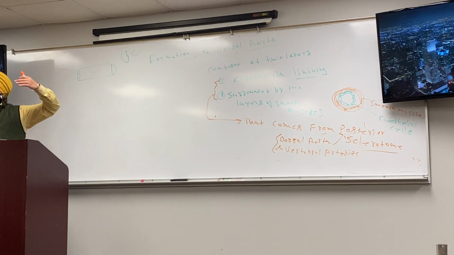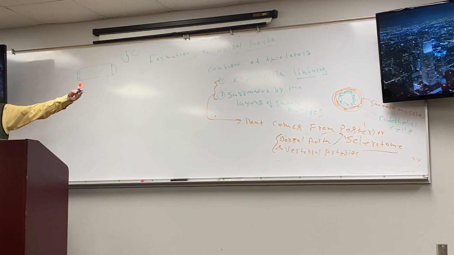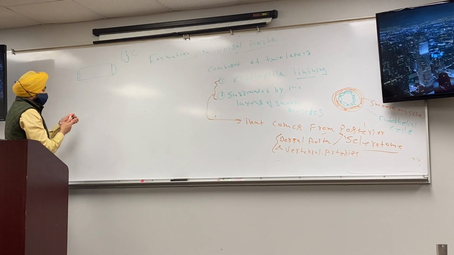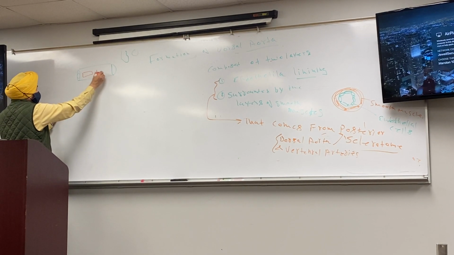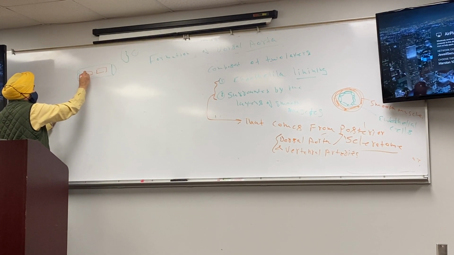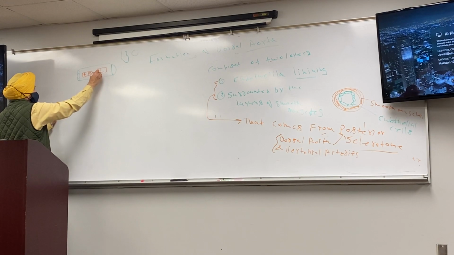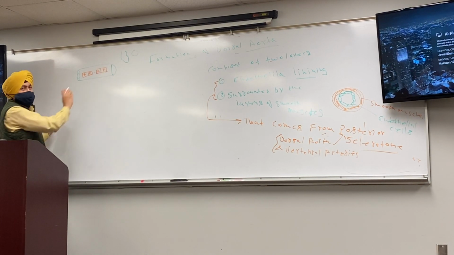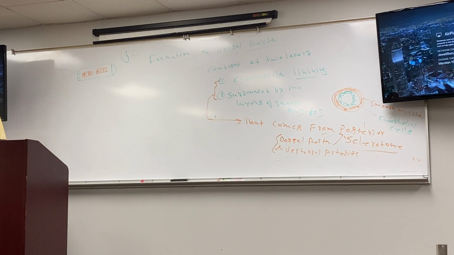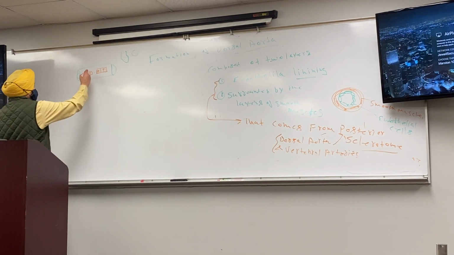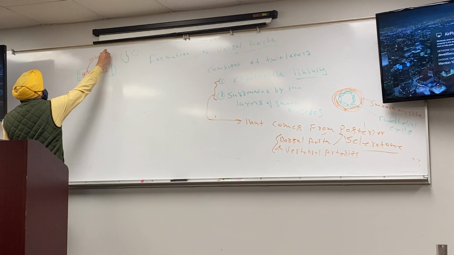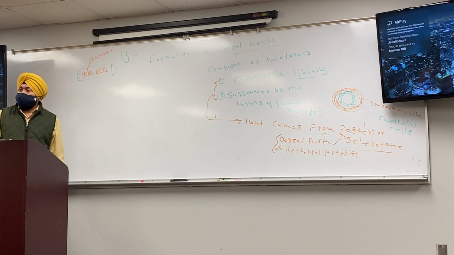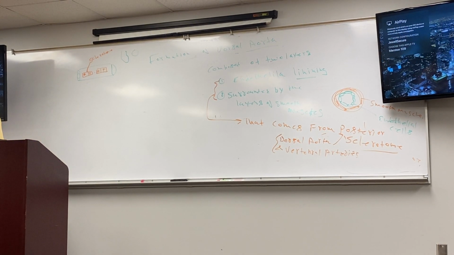I'm drawing it like this because I want to talk about the anterior and posterior parts. Here you have this sclerotome, and this is another sclerotome. So this is the anterior part of the sclerotome, this is the posterior part of the sclerotome. So we said the posterior gave this.